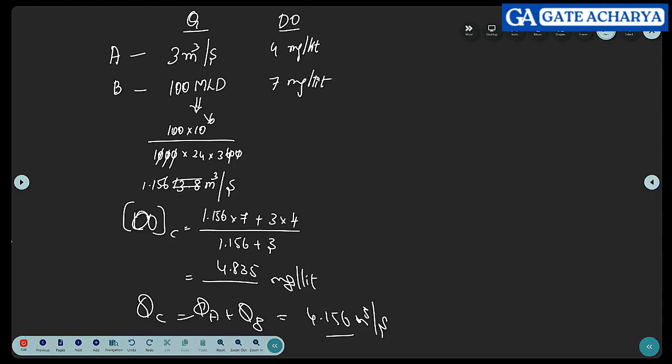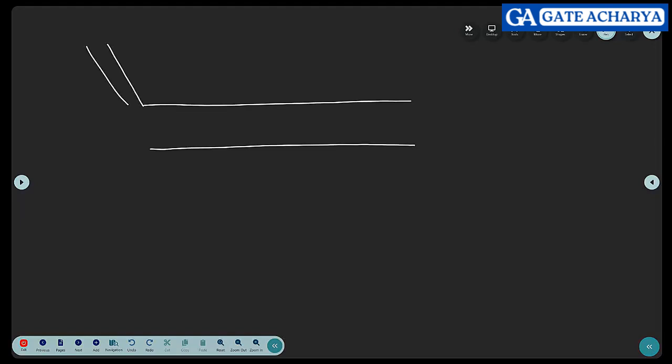Okay. So, coming back to self purification. In the river, there are totally 4 zones connected.